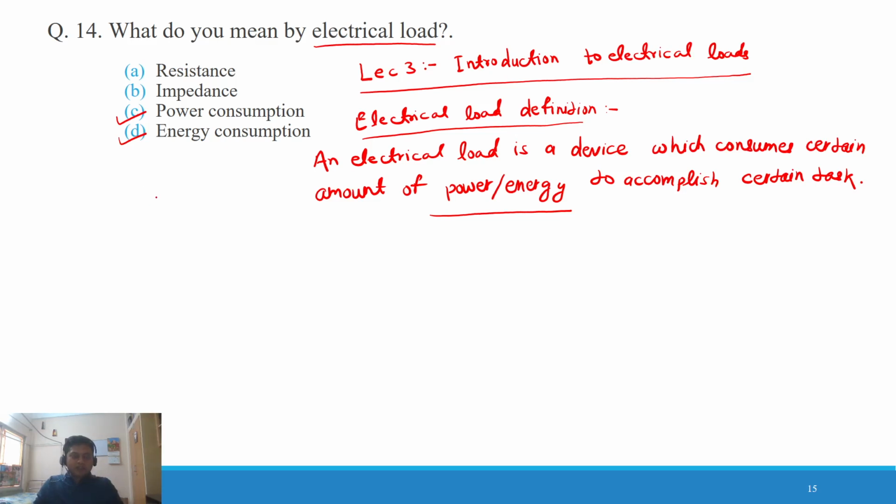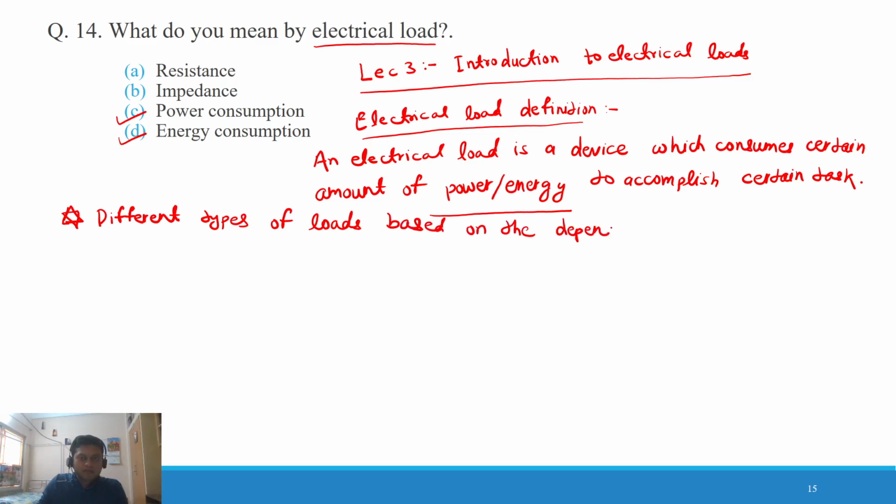And in the same lecture you will get various types of loads. If we want to classify electrical loads based on dependency of voltage, we know there are three categories: constant impedance load, constant current load, and constant power load.